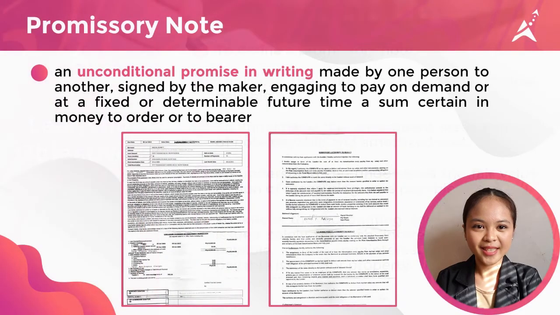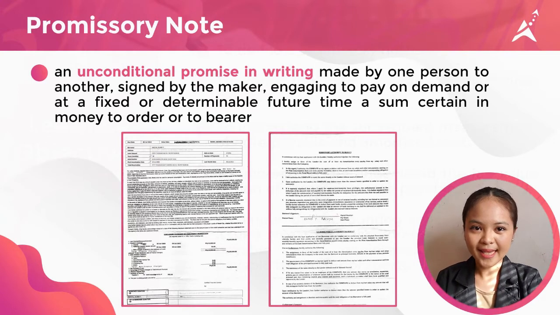So, let's start our discussion by defining note payable. Note payable is a liability account in which a borrower's written promise to pay a lender is recorded. This written promise is also called a promissory note.